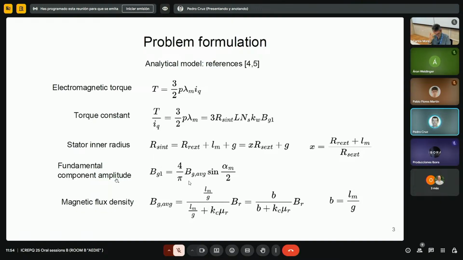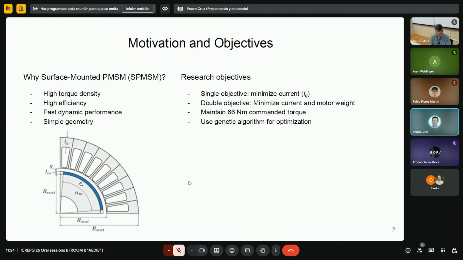The fundamental component amplitude of the magnetic field is obtained through a Fourier transform, where it is related to the magnetic field distribution and the pole span angle that we defined previously in the figure. The pole span angle is this one.